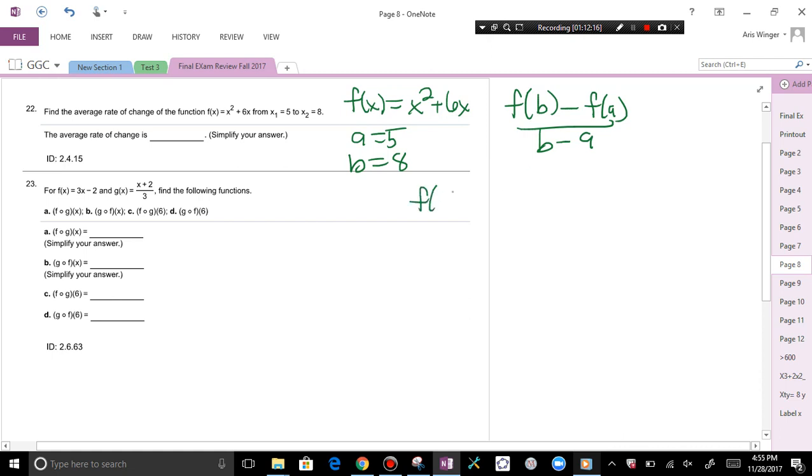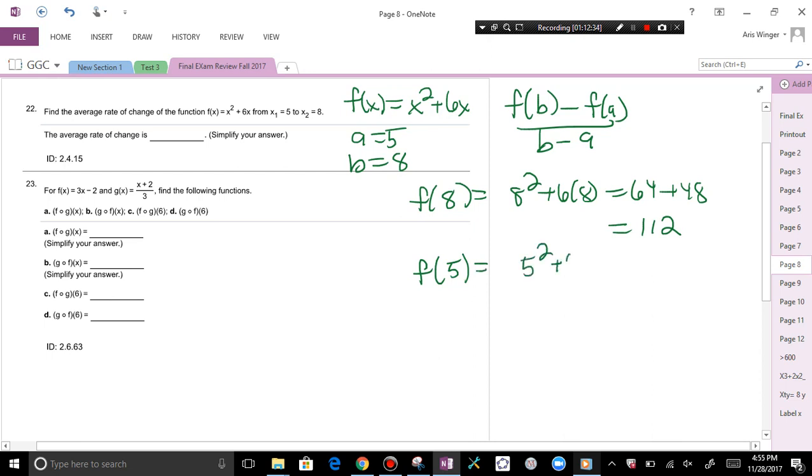I need f of 8. f of 8 is 8 squared plus 6 times 8. That is 64 plus 48, a very large 112. f of 5 is 5 squared plus 6 times 5. That is 25 plus 30.